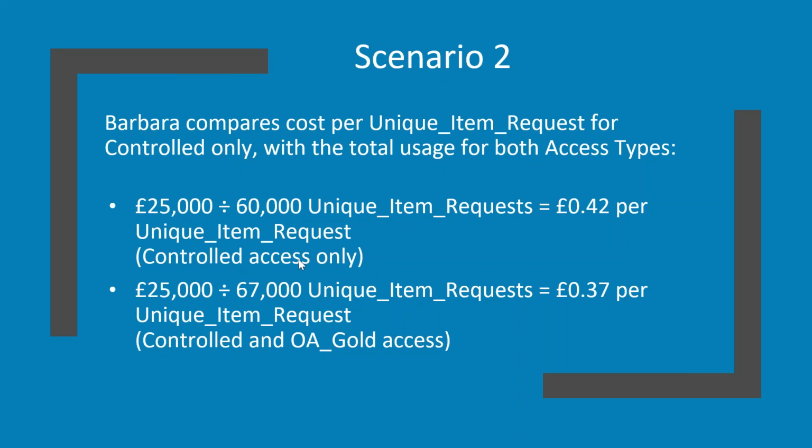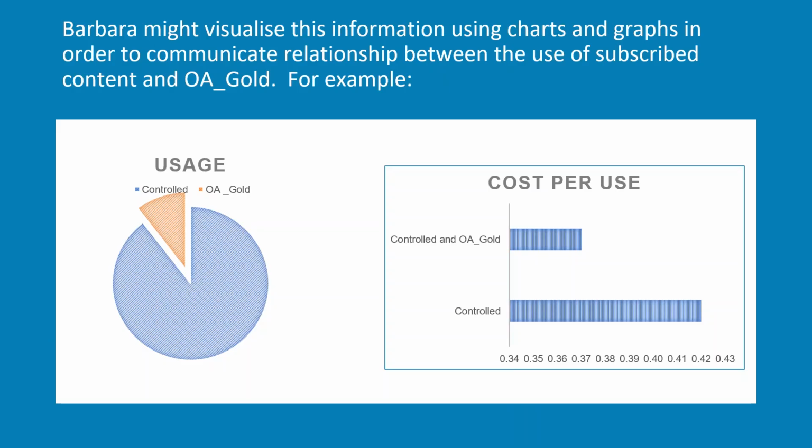One of the useful things about this type of report is that it can be nicely visualized. And again, that's quite important, particularly when a library wants to get a feel for how much usage of the journals is open access and how much is controlled. And a nice pie diagram can do that very easily.